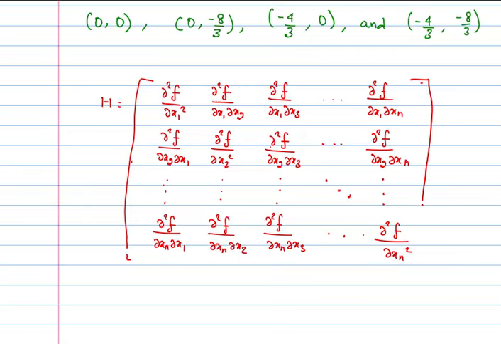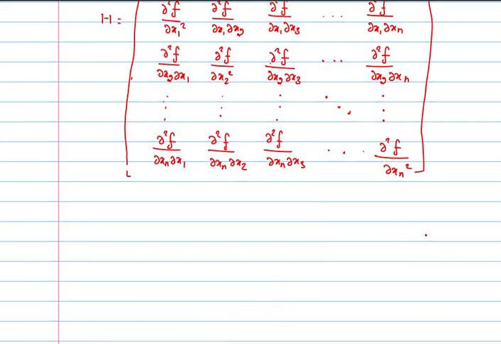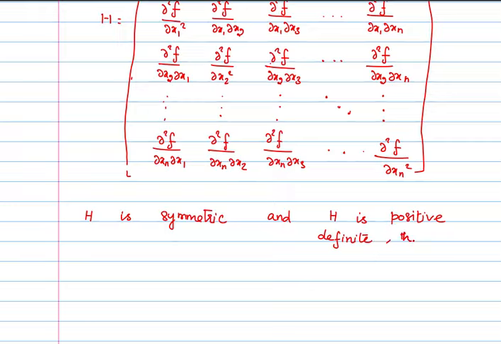What does the sufficient condition say? Whenever H is symmetric, because these mixed partials are always equal provided f is continuous, from Clairaut's theorem, H is symmetric and H is positive definite, then it is a relative minimum.